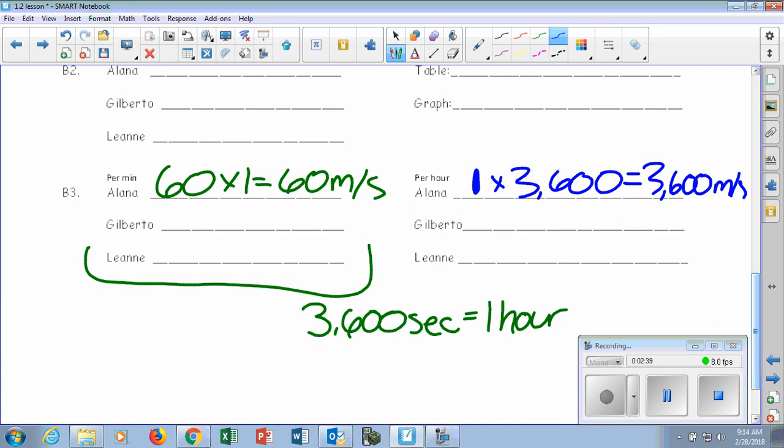So if we go on to Gilberto, his walking rate per second was 2. Exactly. So if we want to find it per hour, Gracie, how am I going to do that?